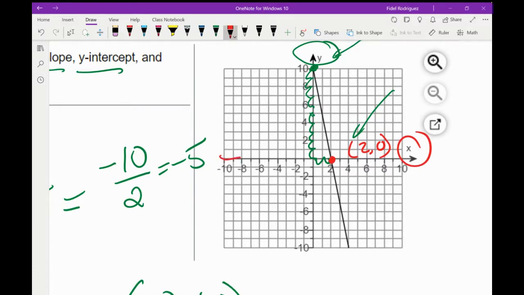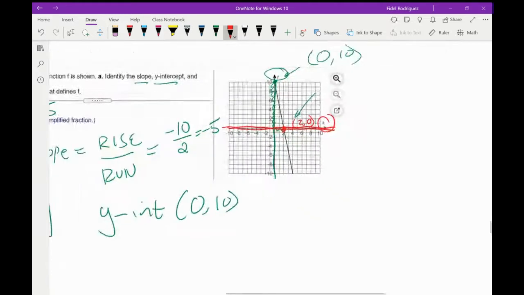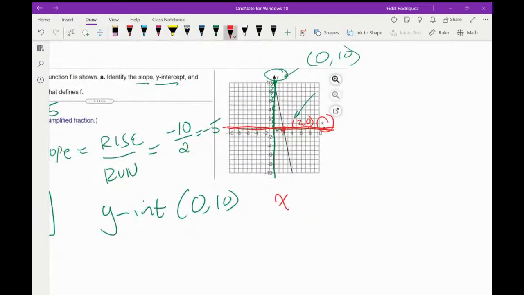Here's my x line, and here's my y line. When it's asking for the y-intercept, it's asking where it hits this line, and when it's asking for the x-intercept, it's asking where it hits that line. In this case, it hits at the point (2, 0). So our x-intercept is the point (2, 0).